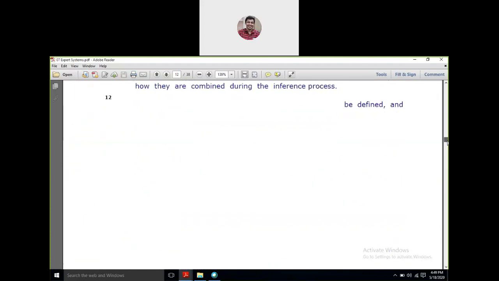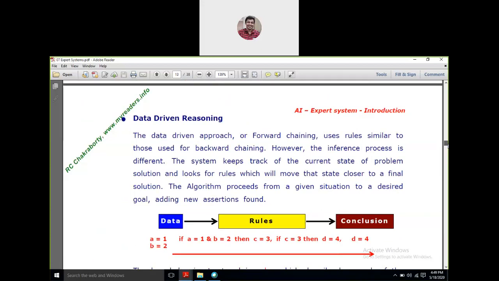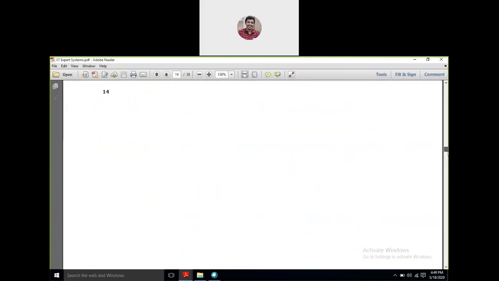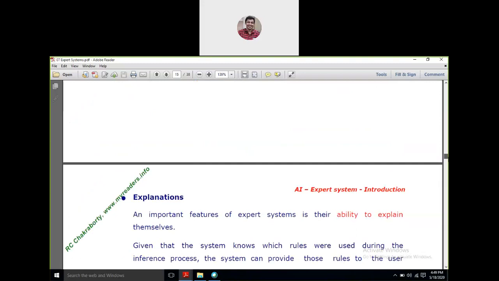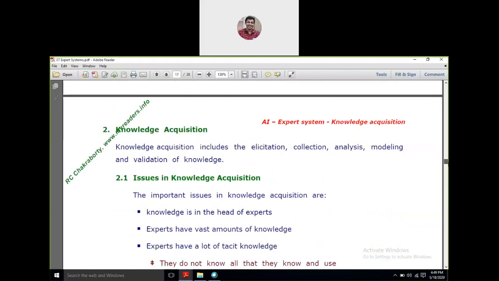Then we do have the knowledge acquisition. This is what we'll be seeing today. And so we do have the system features that we'll be seeing. A part of it has been seen yesterday.